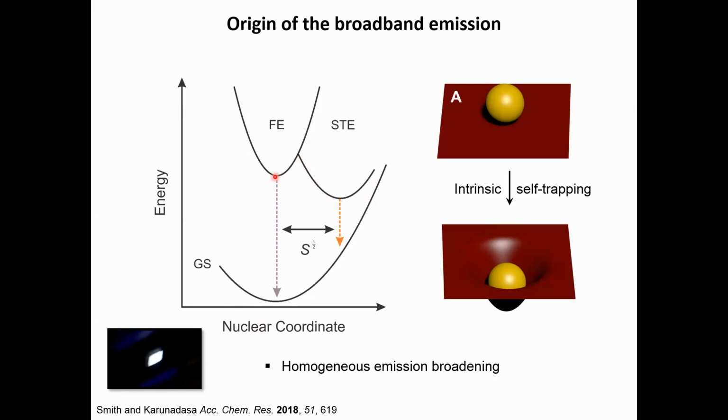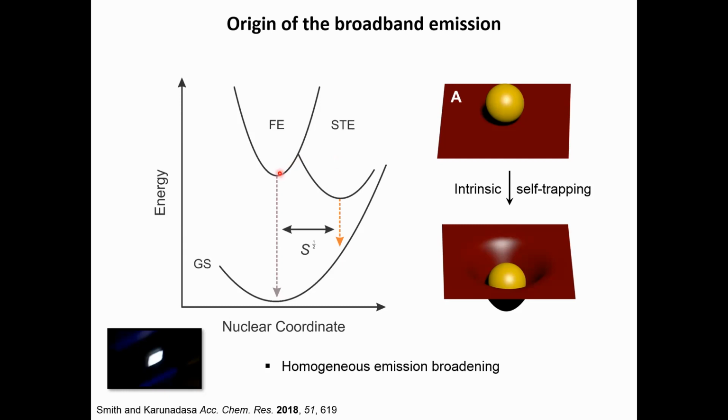You can see that the energy has gone down, but it has also shifted, meaning that the equilibrium bond distance here is very different from the equilibrium bond distance here. So maybe a bond got longer. All we know is that that excited state geometrically looks different from our ground state.